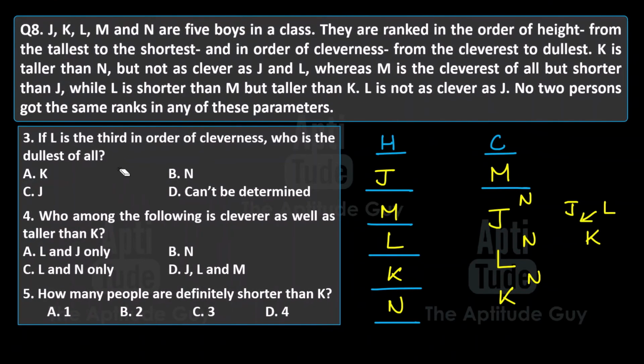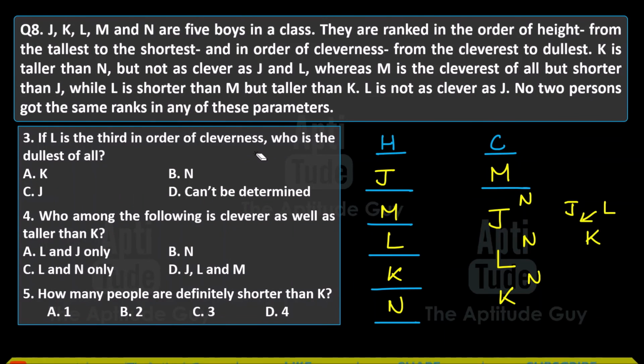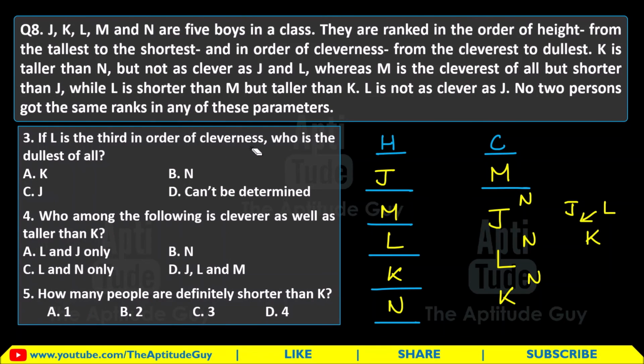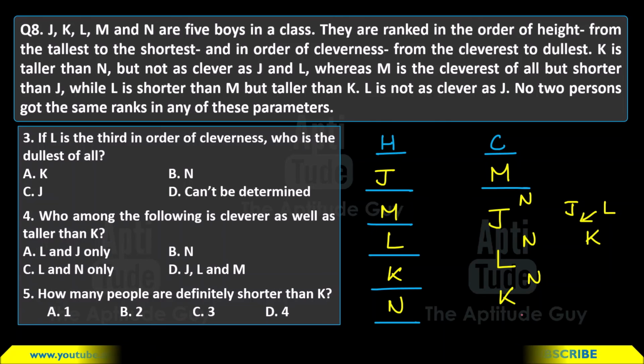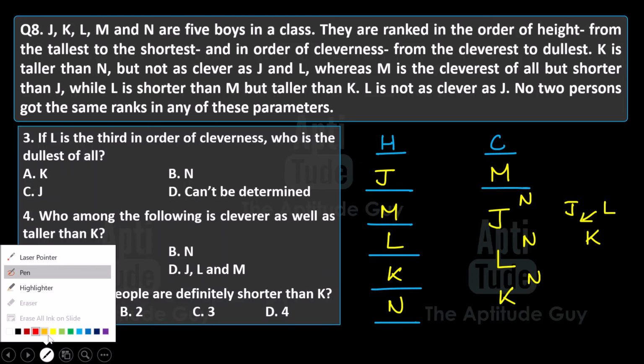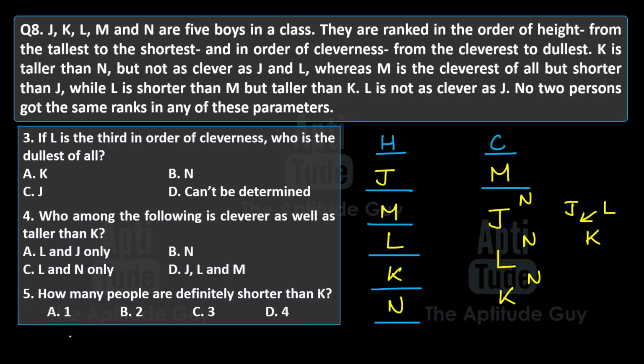Question number 3 says, if L is the third in order of cleverness. Now, one mistake that many people make over here is, look at this. In the previous question, we removed the last N, right? But it is still removed. That cannot happen. Always remember one thing, and this is one thing that I had told you guys in my seating arrangement video as well.